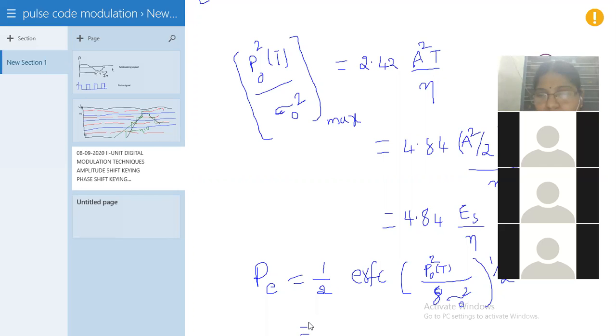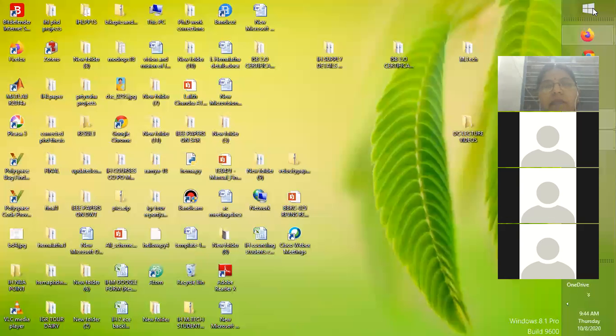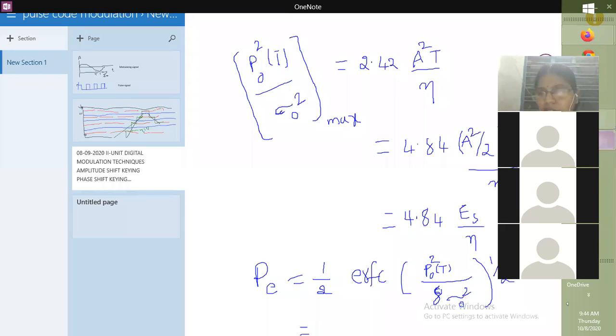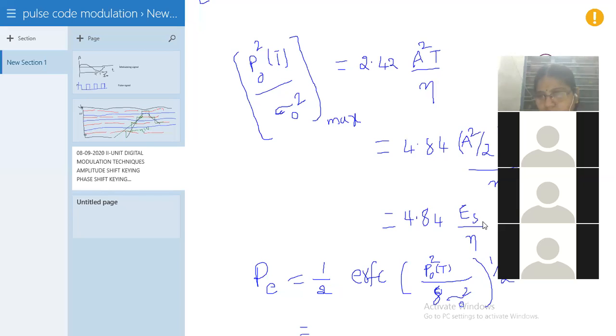My screen is visible to you? Are you following? ప్లీజ్ రెస్పాండ్. ఇంతవరకు నోట్ చేసుకున్నారా? ఎలా చేయాలో చేశాను చూసారా?